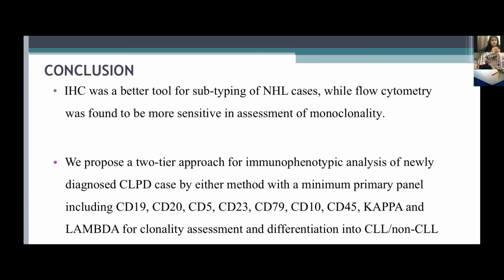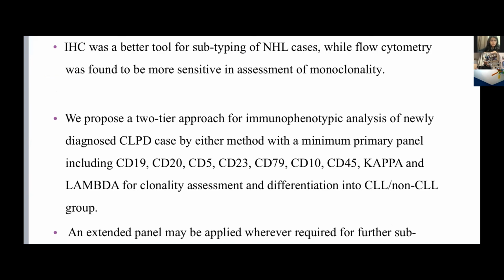But here we can approach a two-tier approach for immunophenotypic analysis in all newly diagnosed cases, using a minimum primary panel that can be cost effective, including the markers 19, 25, 23, 79, 10, 45, kappa, and lambda. Using just these markers, we can separate CLL cases from non-CLL cases.